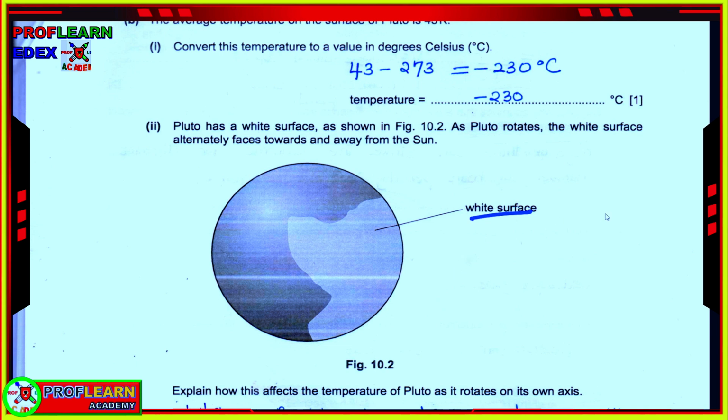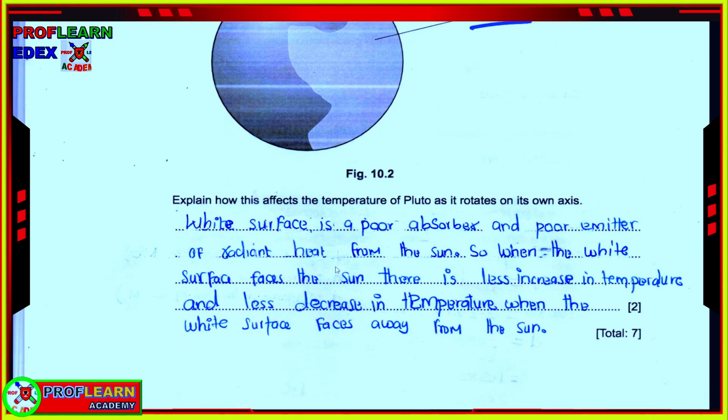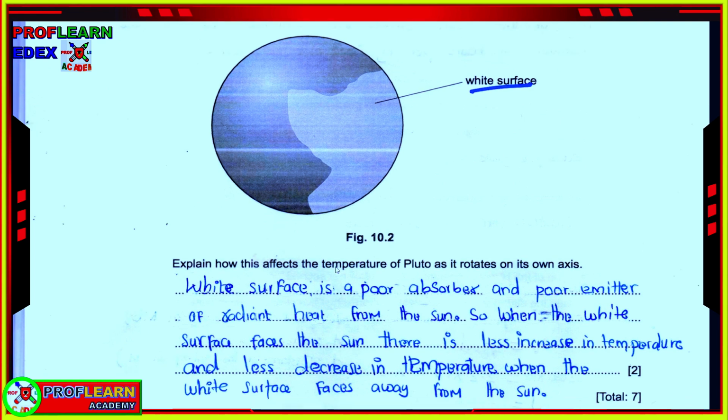So if Pluto is facing the sun, and the white surface is facing the sun, the temperature of the white surface will take time to rise, because white surfaces are good reflectors of heat. They are poor absorbers. So the question is, explain how this white surface affects the temperature of Pluto as it rotates on its own axis.